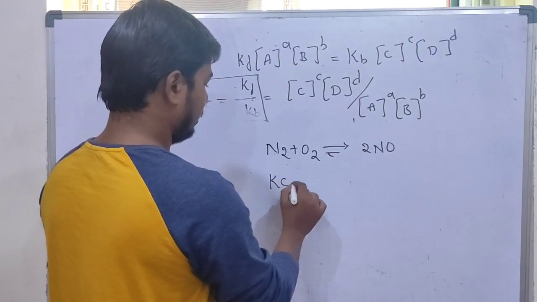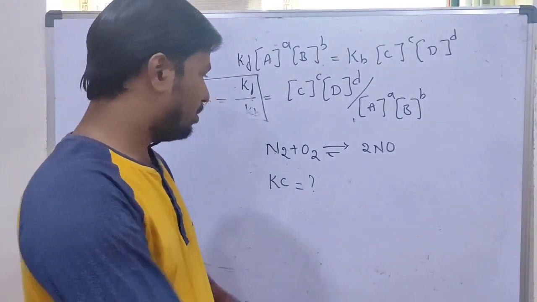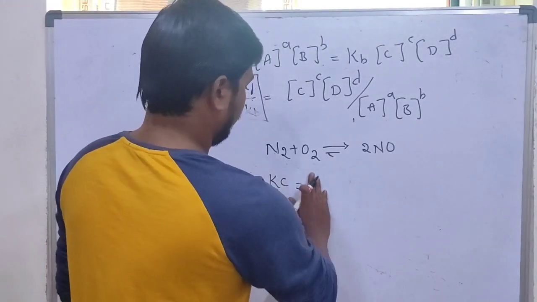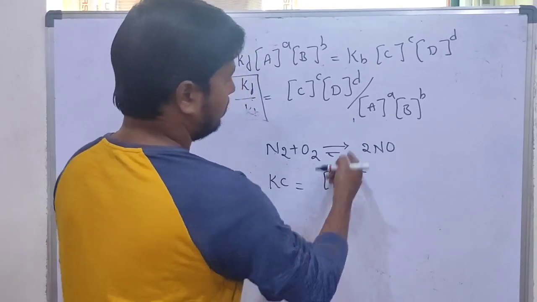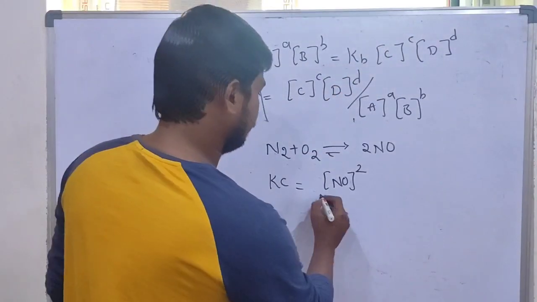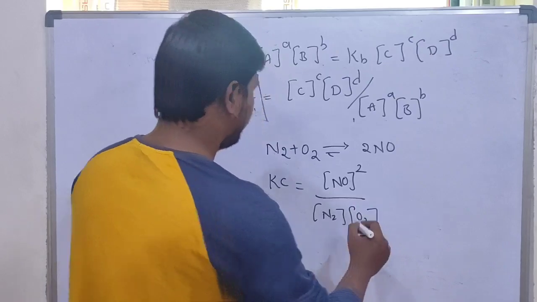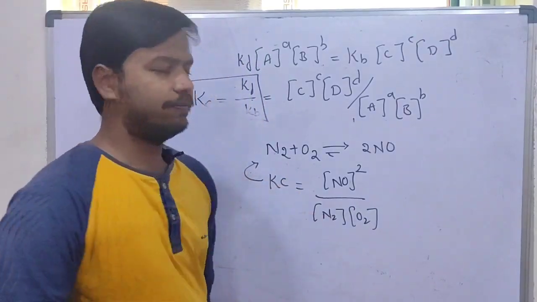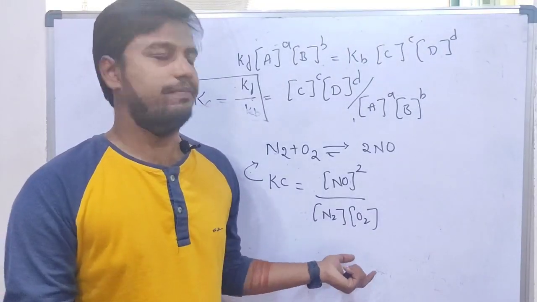How do we calculate Kc for this? Kc is equal to NO squared divided by N2 times O2, with stoichiometry written as powers. For this reaction, Kc is this. Simple, right? So this is the example you must remember.